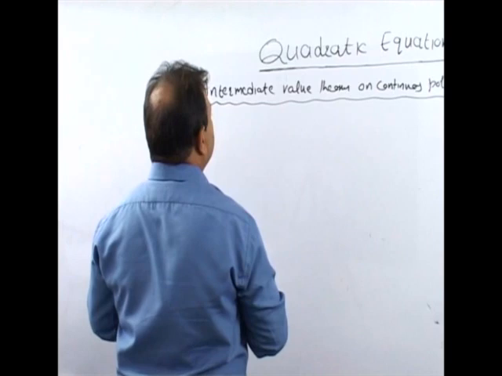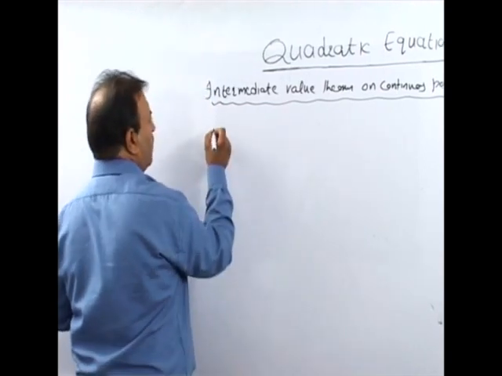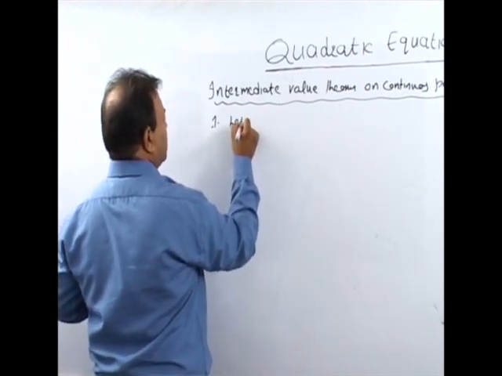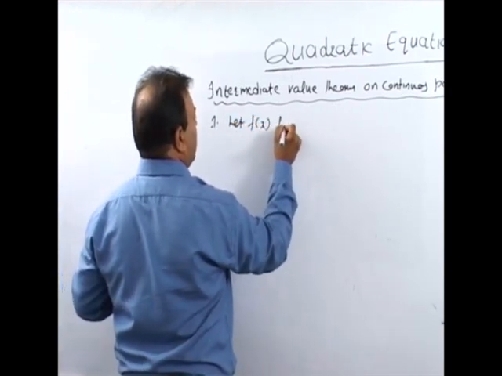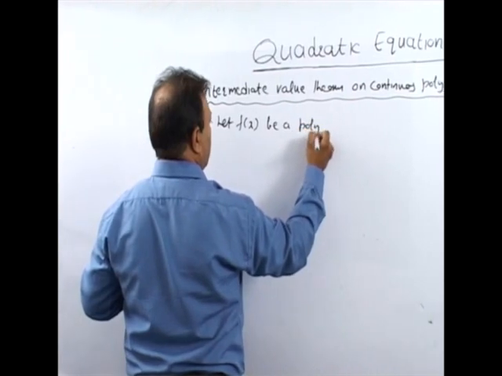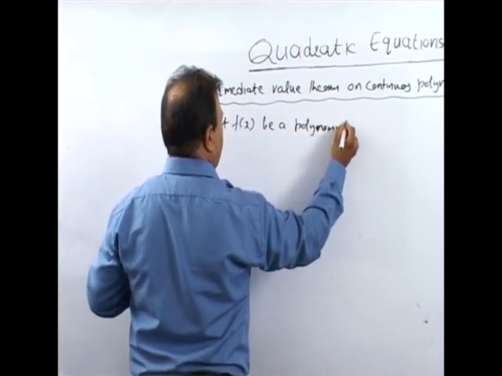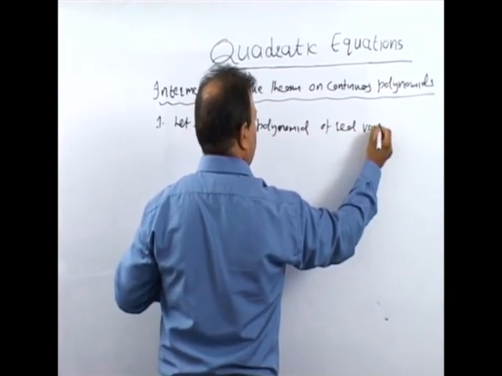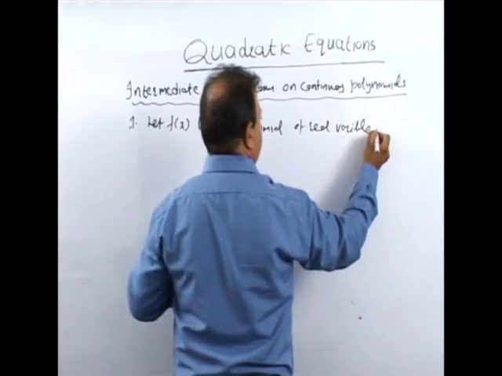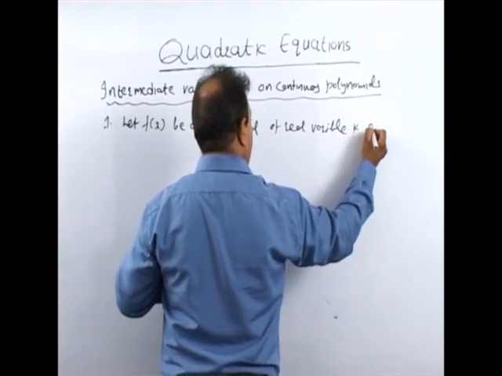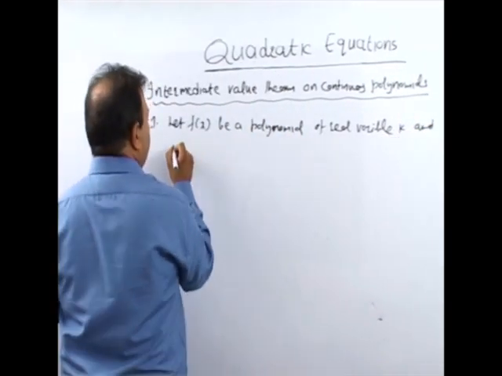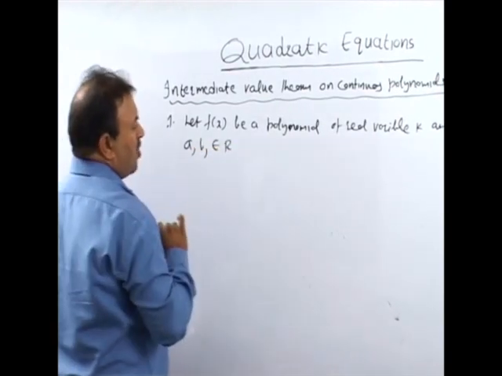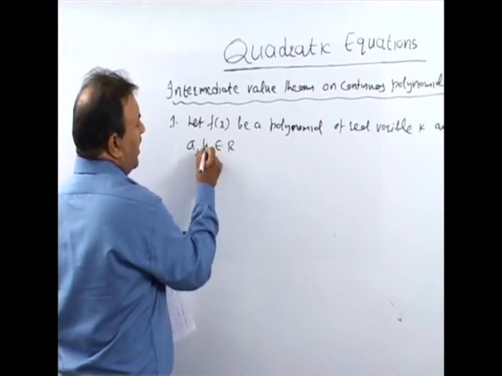The important points of this theorem are: first point, let f(x) be a polynomial of real variable x, and a, b belong to R. What are a and b?